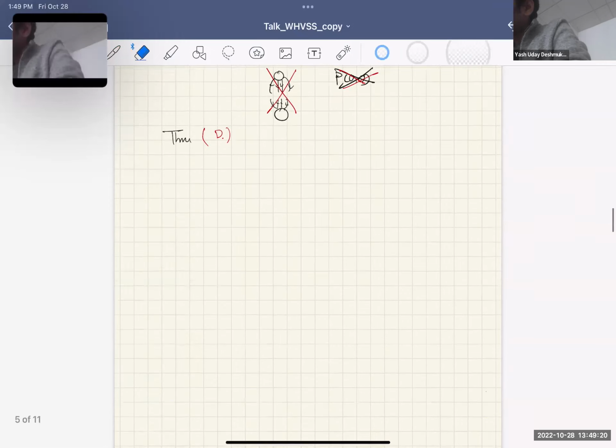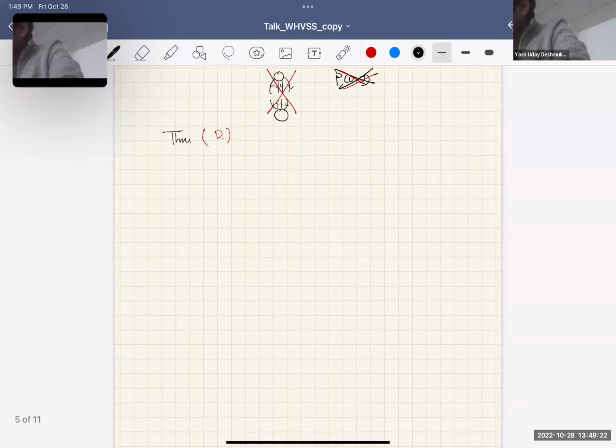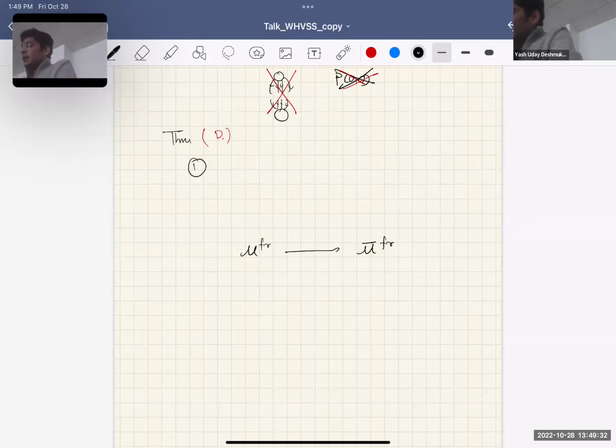So let me state the theorem. The first part of the theorem is going to describe the extension from M-framed to M-bar framed. The way you do it is, let's consider a subproperad of this called M-framed unstable. This is the subproperad of Riemann surfaces which have shapes that I'm now going to draw.